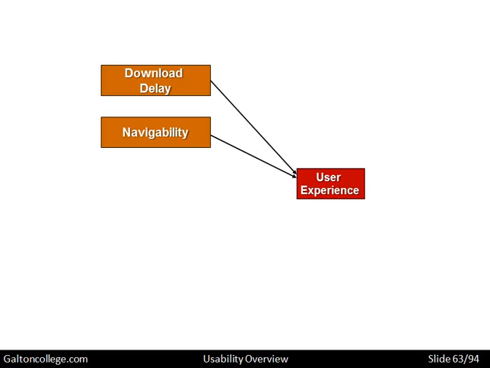So we have the user experience, and then we have download delays. Well, that can affect the user experience. If it's long, lengthy delays, that's not good. Navigability, as I said earlier, very important, which influences the user experience.